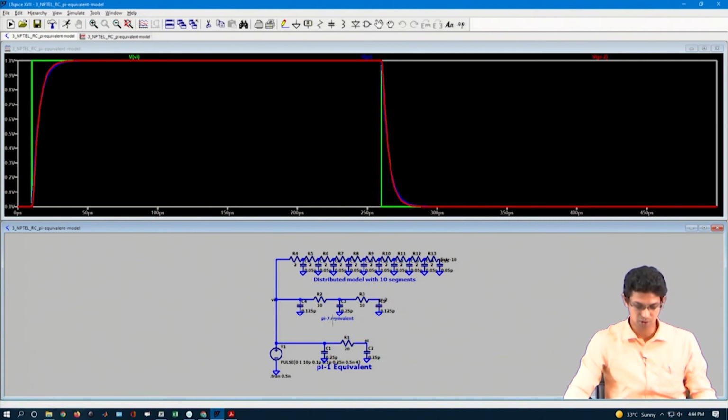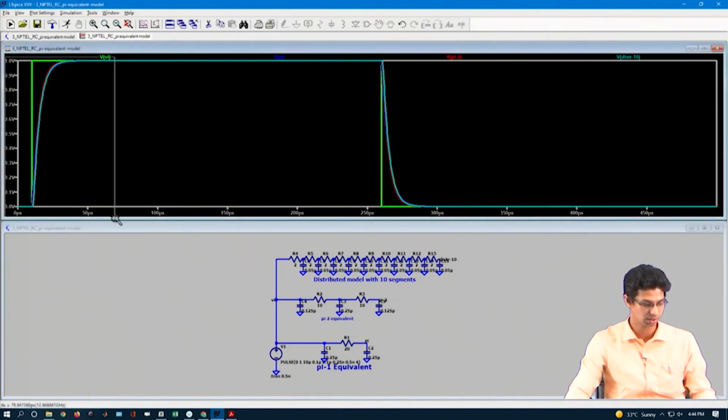In the pi equivalent model I just have 3 terms, in the pi 2 equivalent model I have 5 terms, in here I have 20 terms. So, let us see my distributed model. The third curve here is the distributed model. Let me zoom in and see this.